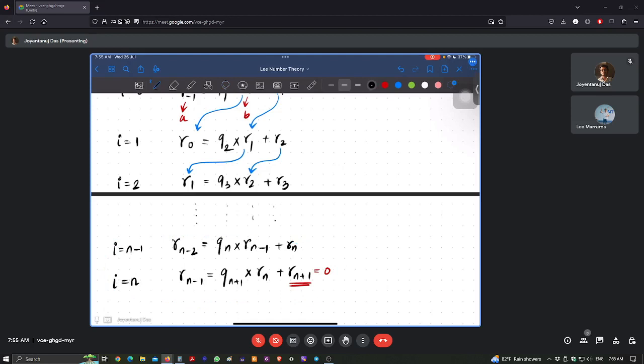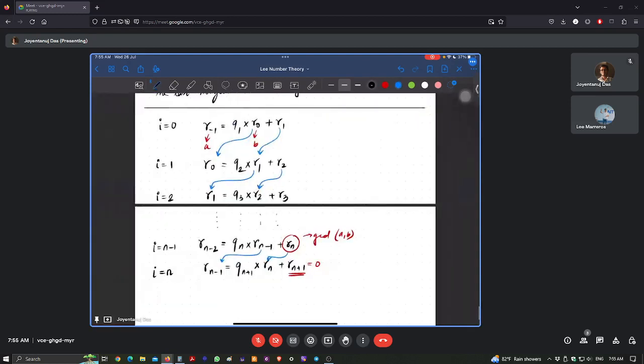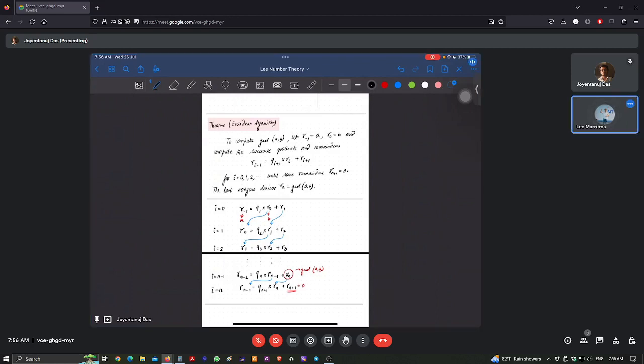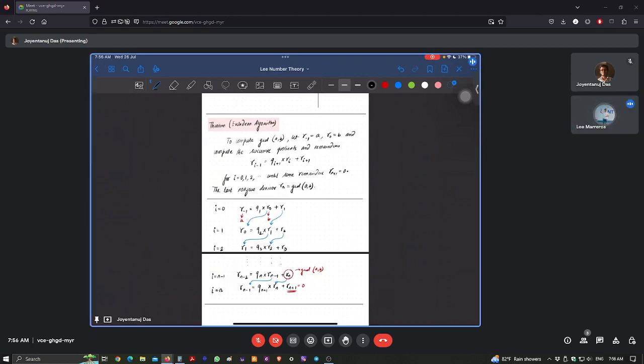If this is 0, then this is our GCD of a, b. So this is the Euclidean algorithm. See the statement. I think this is it for this chapter. We can directly go to the exercises.